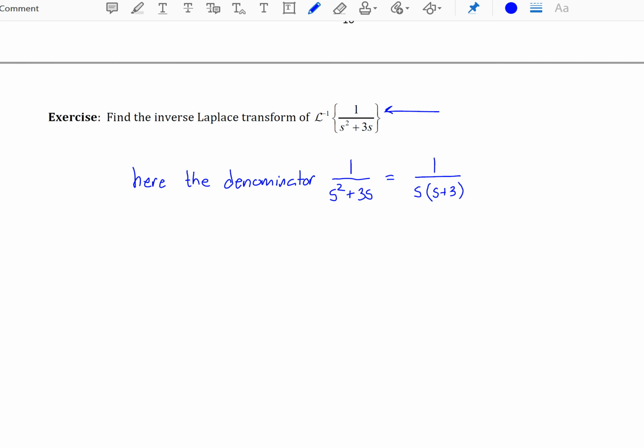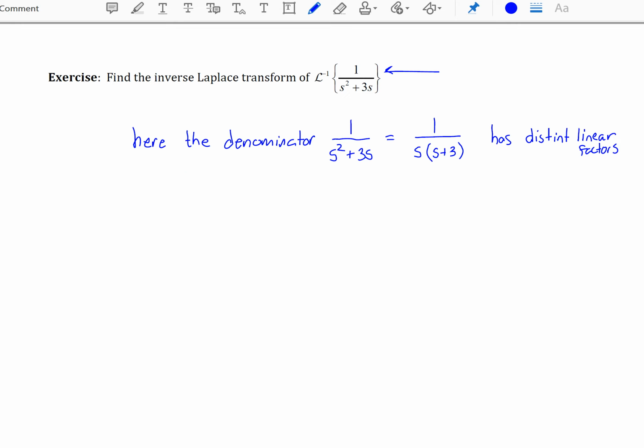I think what you should be recognizing here is that because your denominator is factorable as distinct linear factors, you can use the method of partial fraction decomposition to rewrite this fraction.